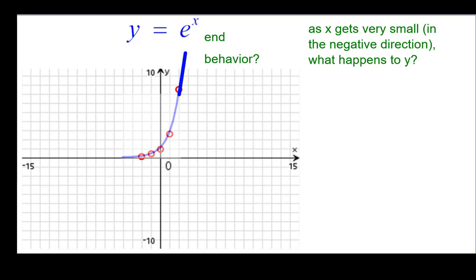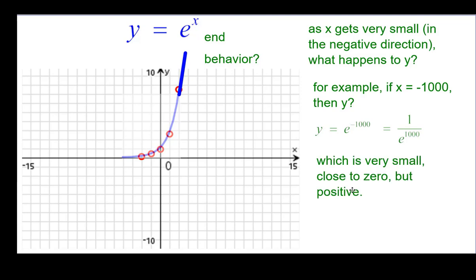As x gets very small, but in the negative direction, this direction, what happens to y? So for example, if x is negative 1,000, y would be e to the negative 1,000th, which by definition would be 1 over e to the positive 1,000th. So it'd be 1 over this very, very large positive number, which is very, very close to 0, but still positive.